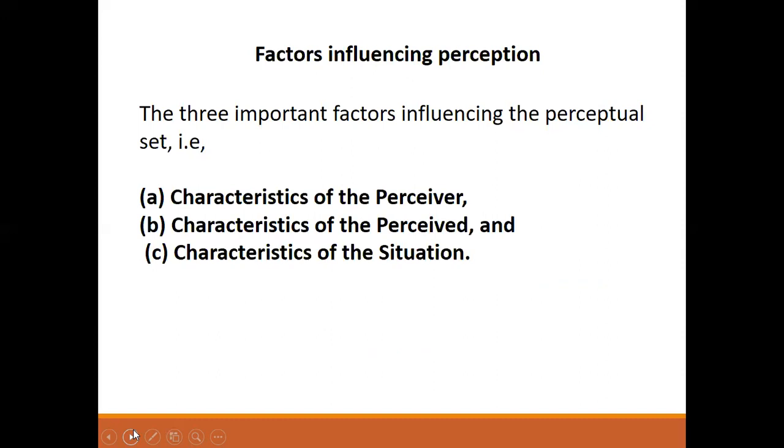The three important factors influencing the perceptual set are, number one, characteristics of the perceiver; second, characteristics of the perceived; and the third one, characteristics of the situation.